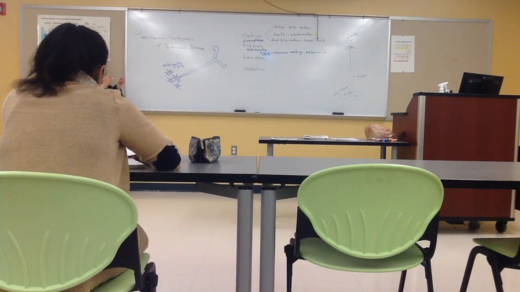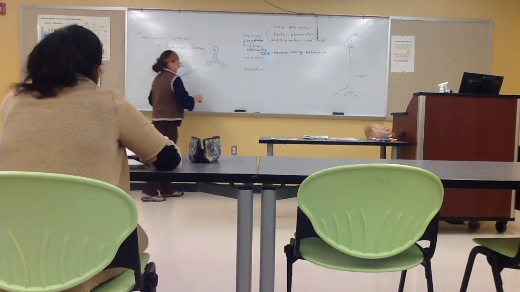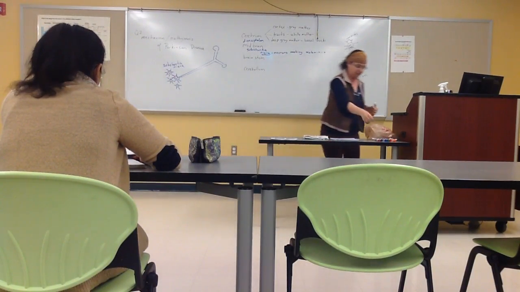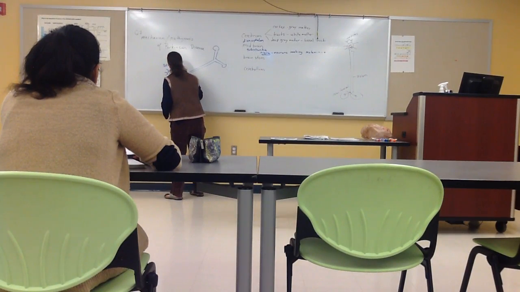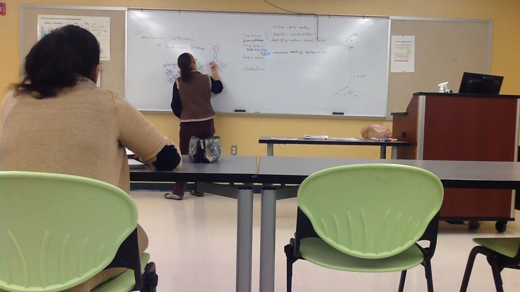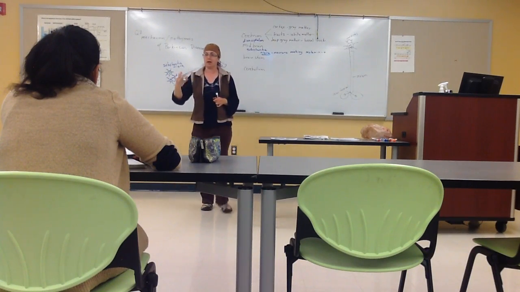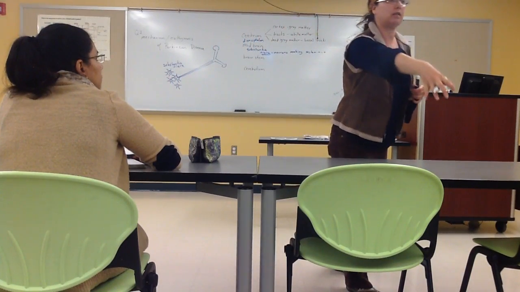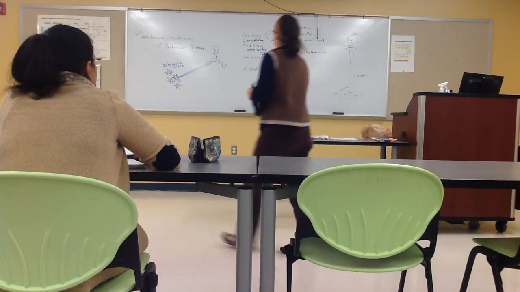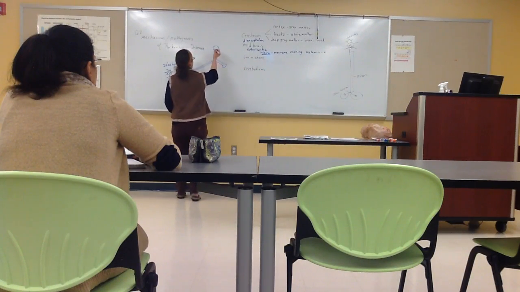Now this melanin is going to travel within the axon. This is going to do what's called anterograde movement. It's going towards the axon terminals, but it's going to get changed into dopamine.